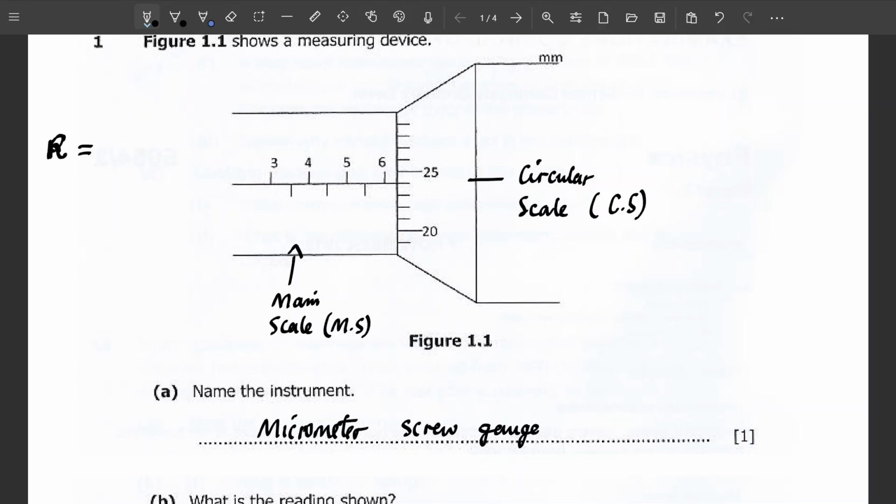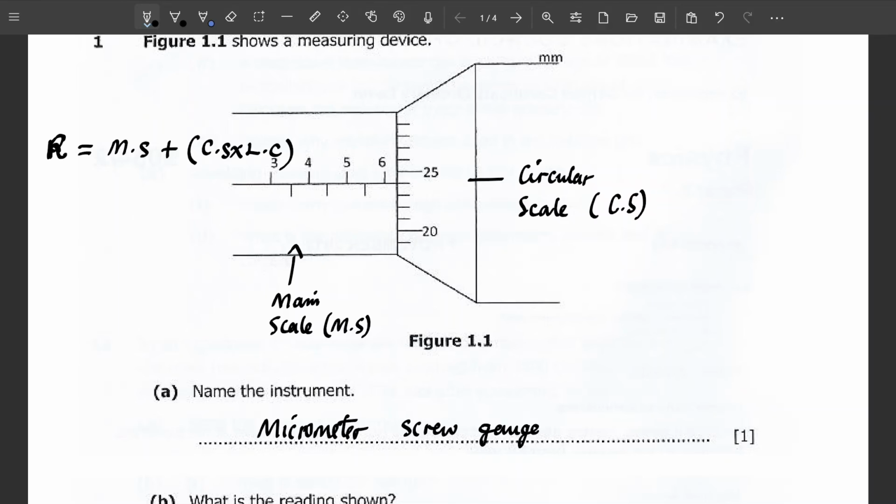Now the formula is this: reading R is equal to main scale plus, open brackets, circular scale times least count. This is the formula which I use myself.